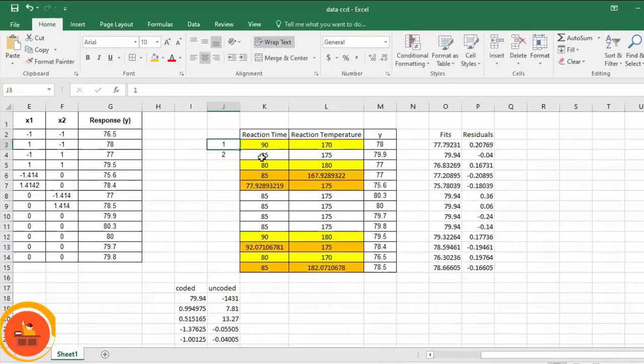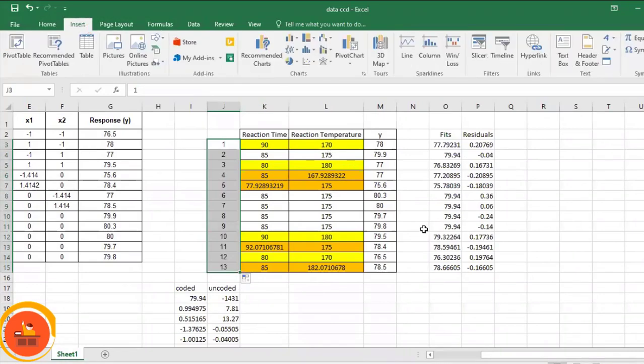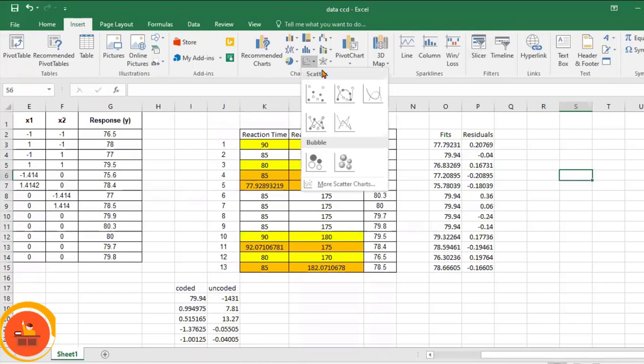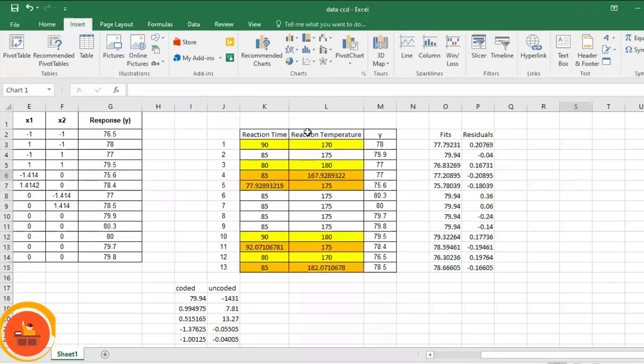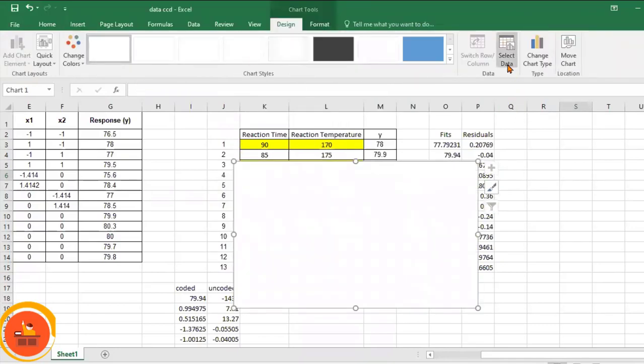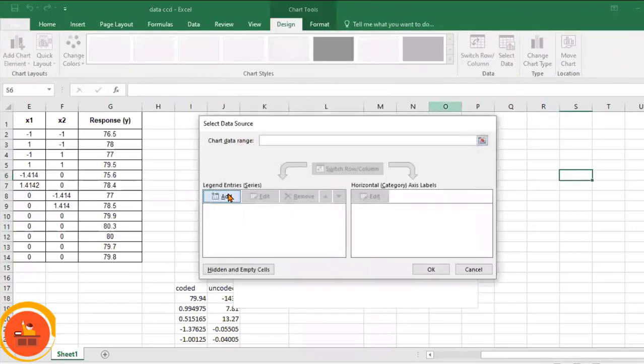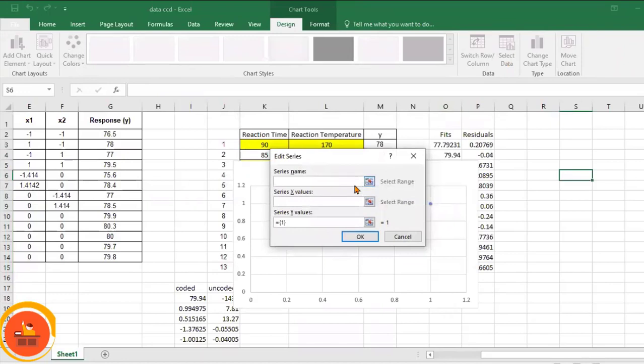If I take these 13 numbers, just insert, I will go for a scatter diagram, select the data, add, so add the series name, leave it off.